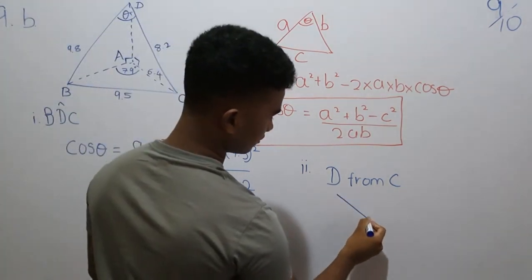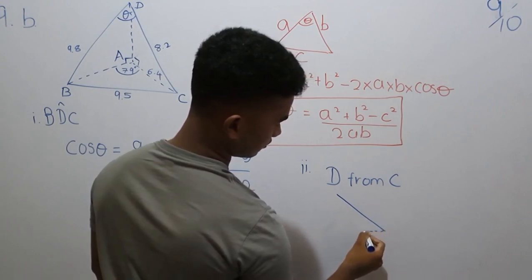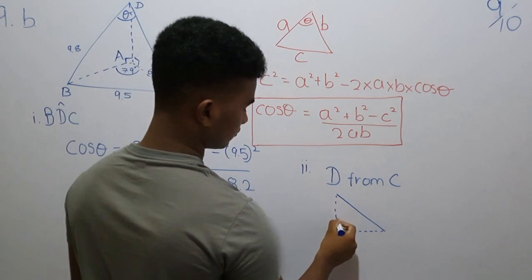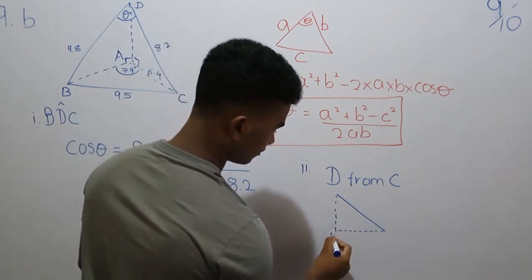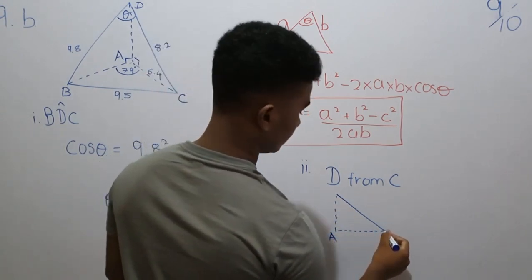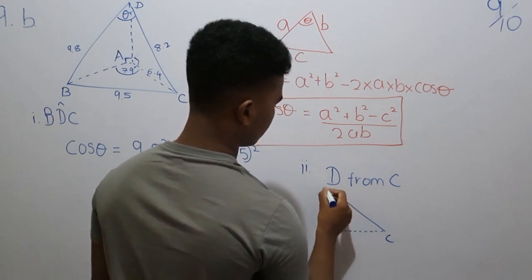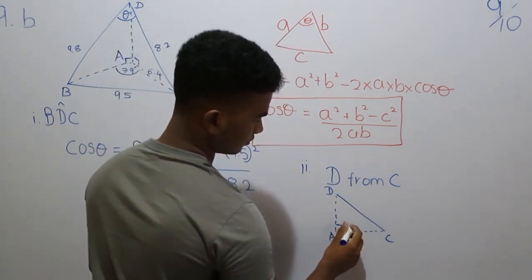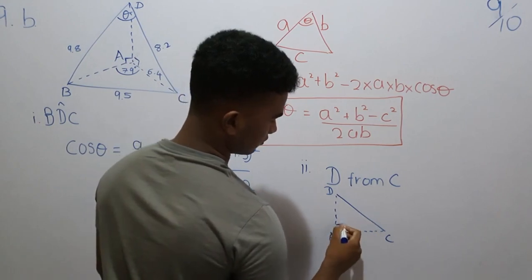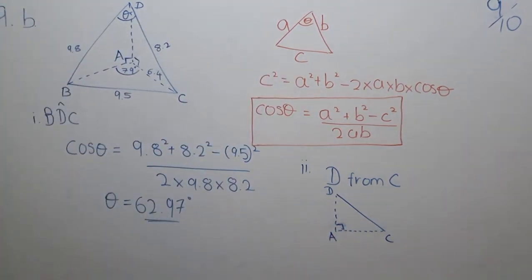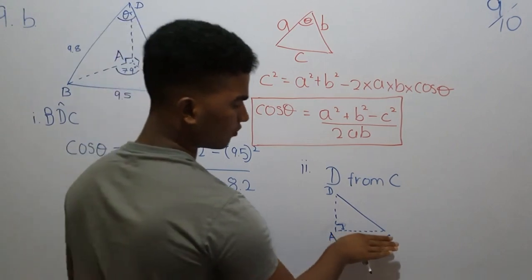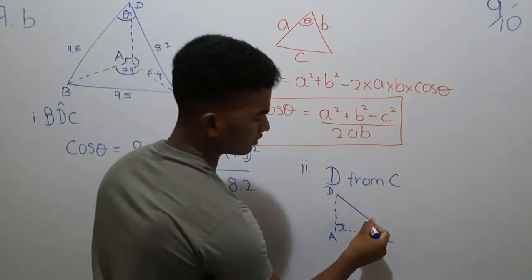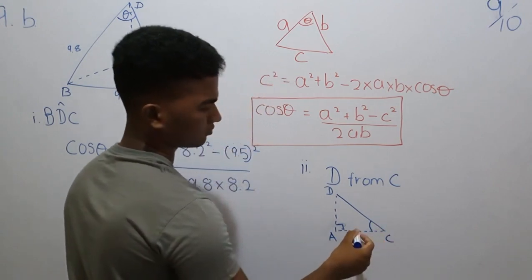It's like this. This is A, this is C, and this is D. This 90 degrees. And the angle of elevation of D from C is C to D. So this is the angle of elevation.